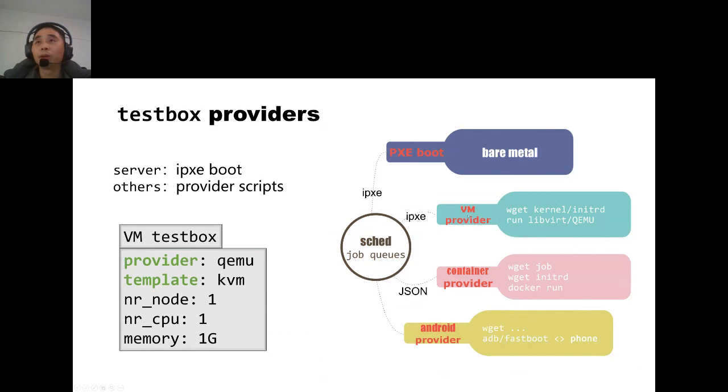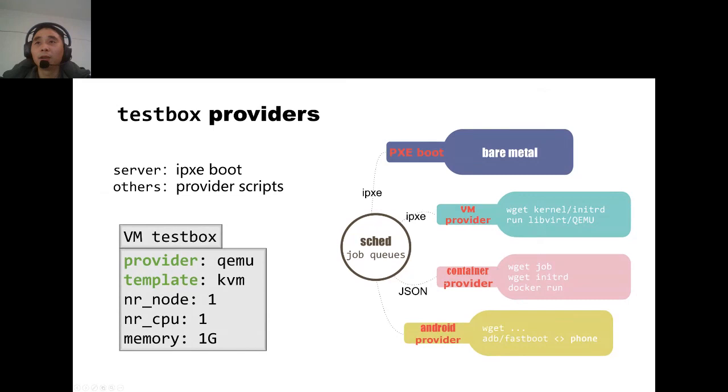For example, if we want a VM test box, the provider will run exactly the iPXE HTTP request. Then it will parse the content and convert it to a wget command. Then download the kernel and initrd, then run it with libvirt or QEMU.